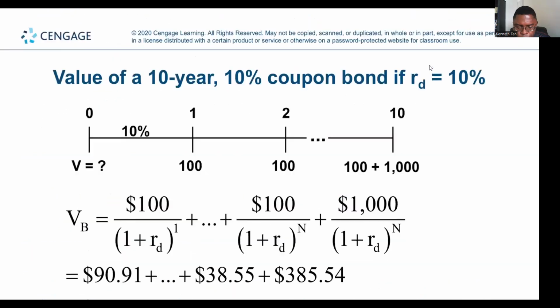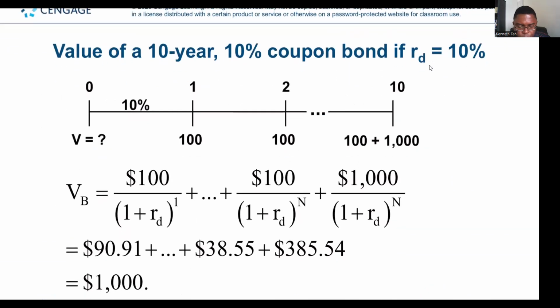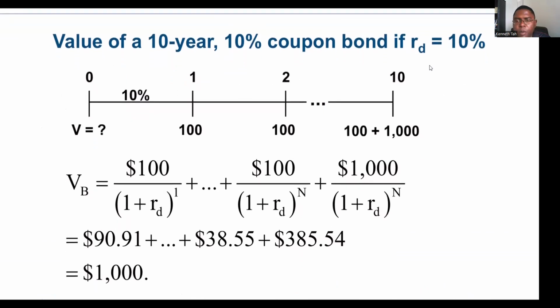So we want to go into the computation of bond value, how we compute bond value. And it's a straightforward formula that comes from our knowledge of time value of money. So the example we want to work on is, assume that we want to calculate the value of a 10-year bond that has a 10% coupon if the interest rate is 10%.